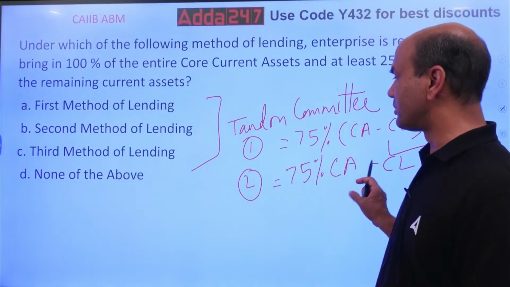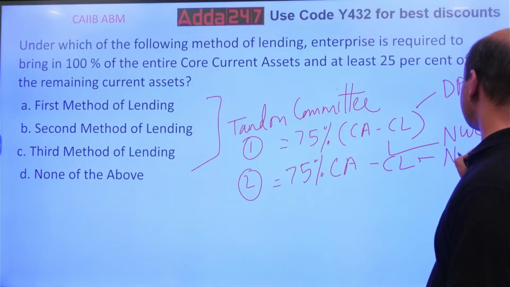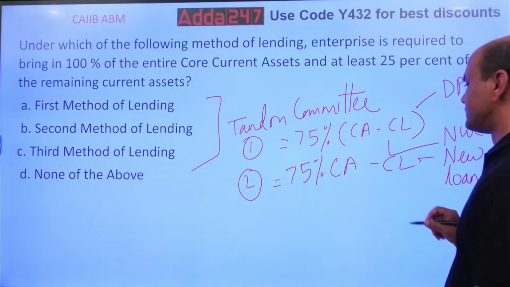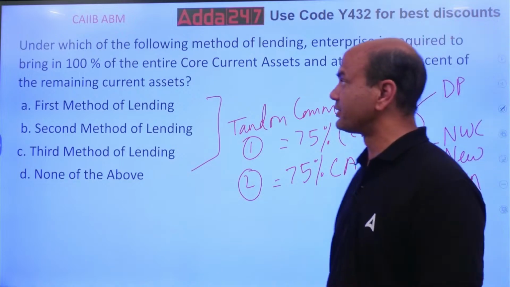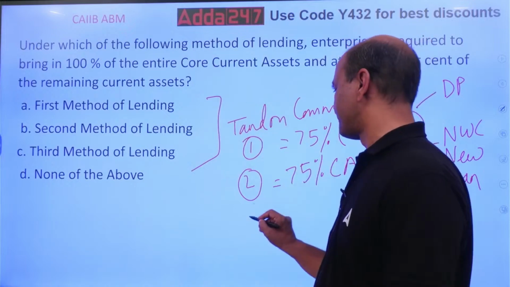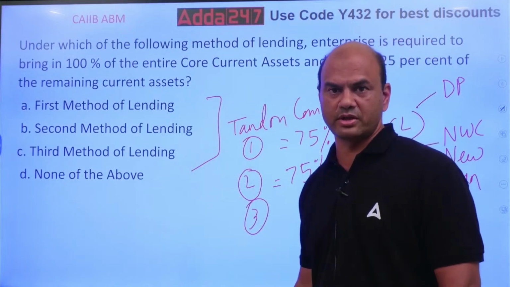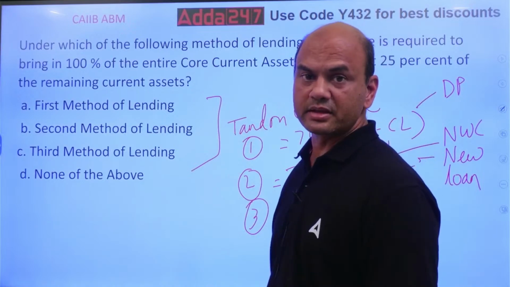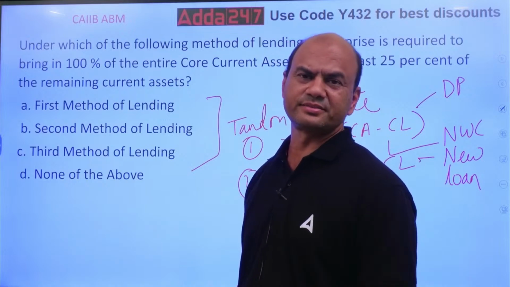Tandon committee method number 2 is used for sanctioning a new loan. New loan is always sanctioned using method 2. Now there is the third method. Core current assets, 100% of CCA we call it. The customer has to bring in 100% of CCA. Now what is core current asset?